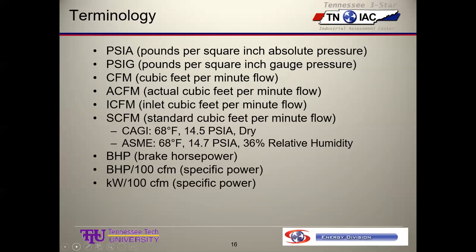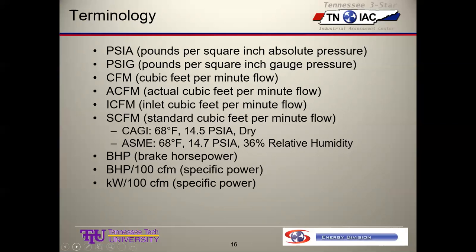BHP is brake horsepower. We've defined that before. That's if you have a motor operating, the actual amount of power in the rotating shaft coming out of the motor. And we have specific power parameters of brake horsepower to produce 100 CFM. I'm sorry, 100 CFM, not 1,000.